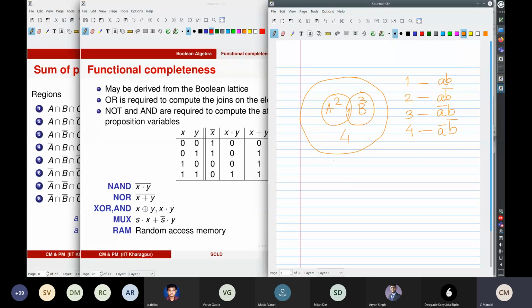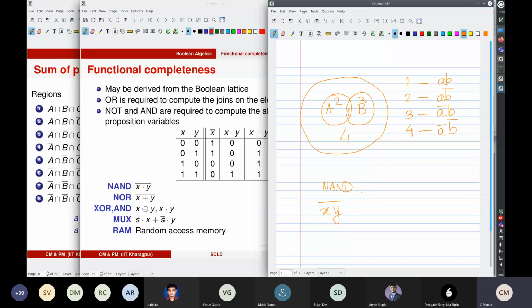Actually, this functional completeness is about NAND. So how do you get AND from NAND? NAND gives you (xy) bar.